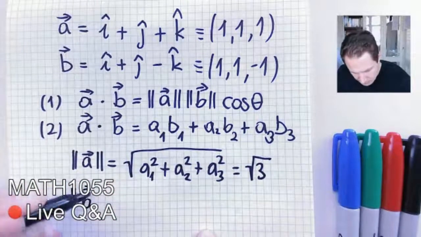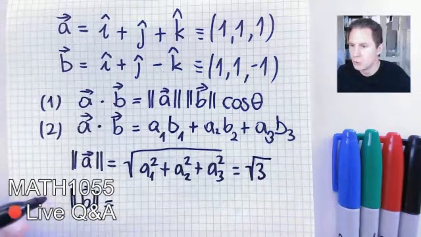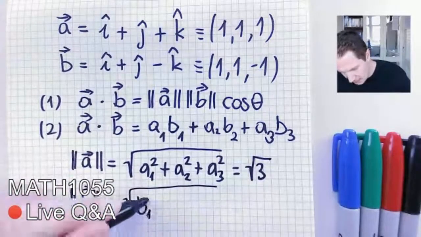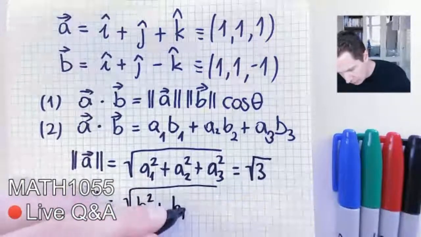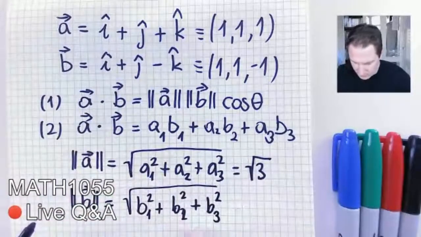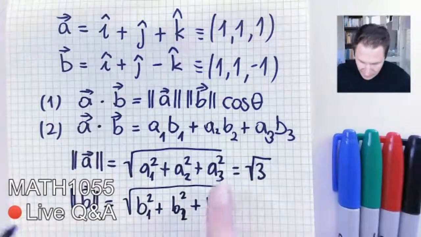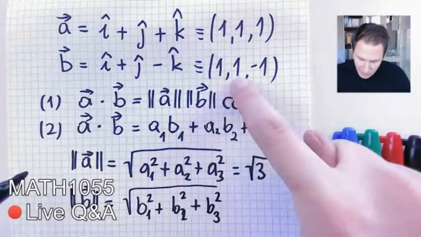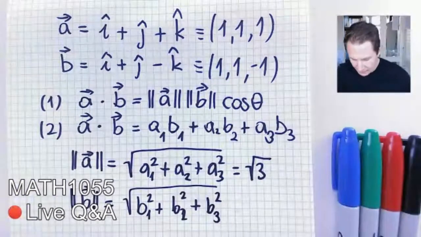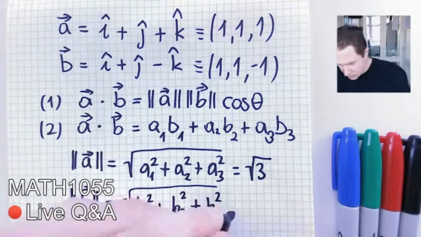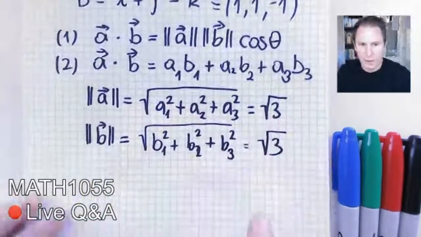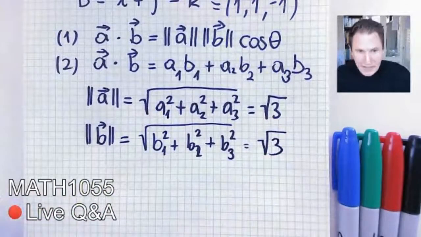And actually, the same thing is true for B, because if I take B1 squared plus B2 squared plus B3 squared, and the square root of that, in this case, it is just 1 squared plus 1 squared plus minus 1 squared. That gives us plus 1 again. So all we have under the square root is just 3. So both vectors have length root 3.